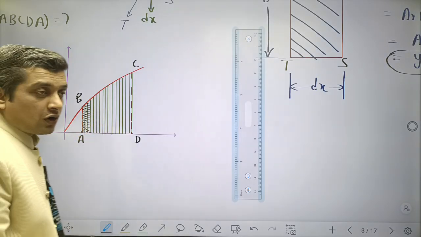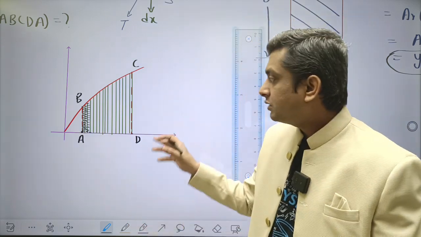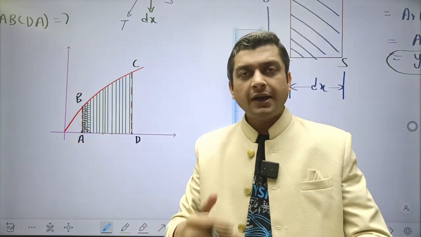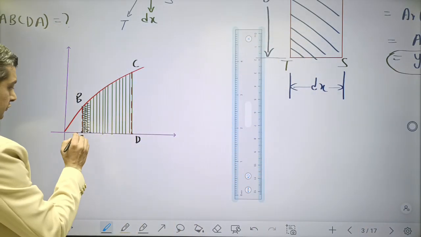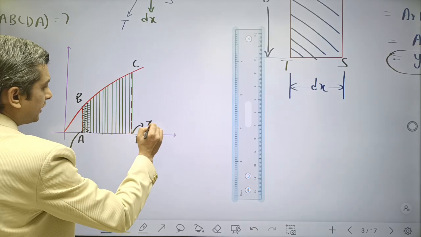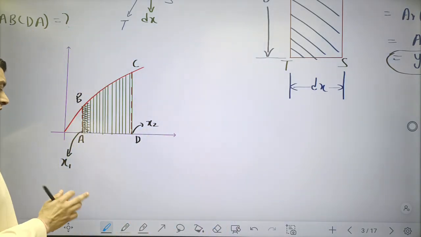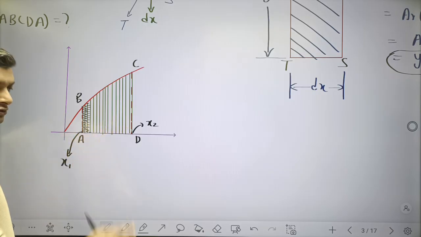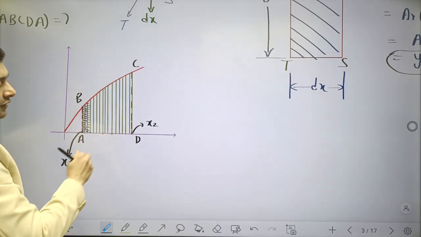So the area of each elementary strip will be y dx, and if I add the areas of all the elementary strips, that is y dx, y dx, y dx, from x equal to x1, where here the x coordinate is x1 and here the x coordinate is x2, then we get the total area, that is area ABCDA.